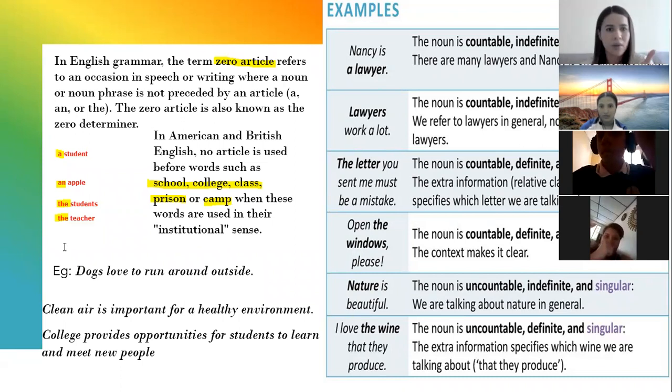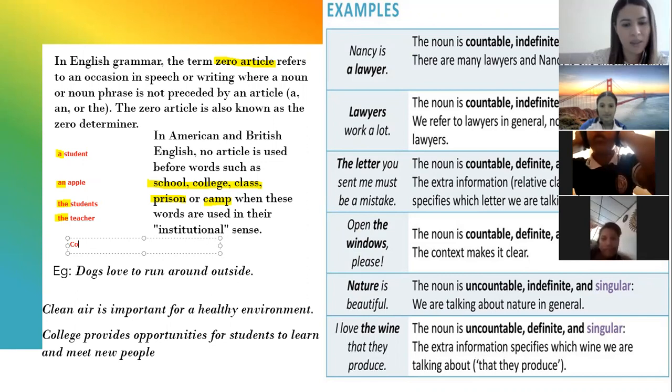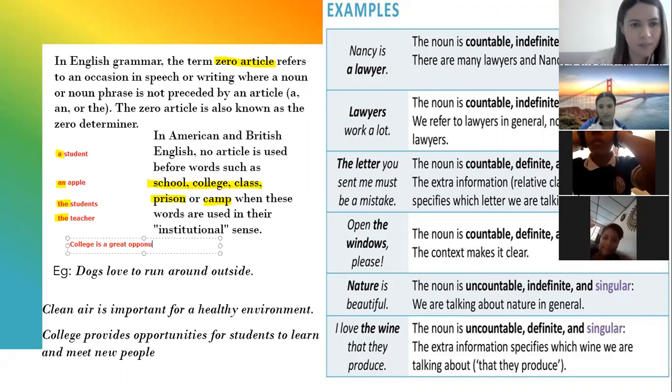For example, we can say, college is a great opportunity for us.